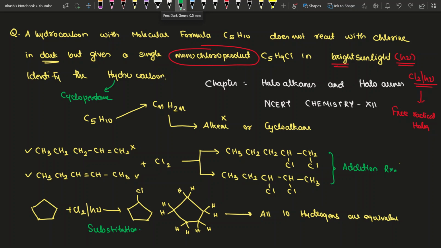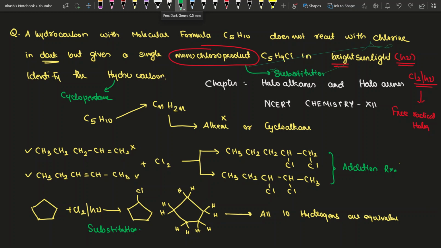So the crux of this question is that when the molecular formula is C5H10, we have two possibilities: alkene or cycloalkane. Since it does not react with chlorine in dark, no unsaturated system is present. If there were an unsaturated system, the halogen would easily add to the double bond and become a dichloro derivative. It also gives a monochloro product, and monochlorination is possible only in substitution.